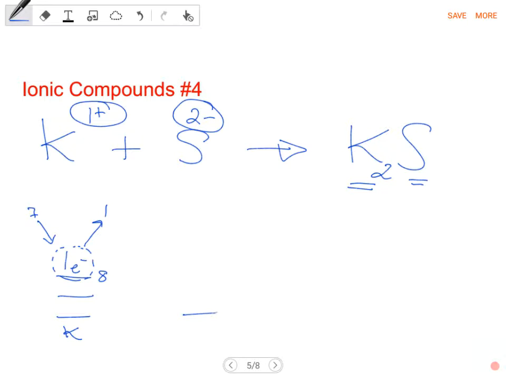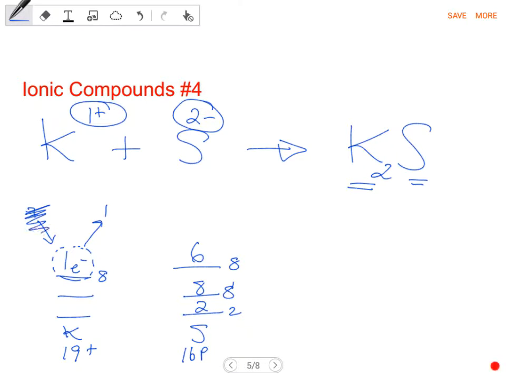Let's look at sulfur. Sulfur has 16 protons. So this would go 2, 8, 6. Well, nothing here is happy, guys. Now, this is a bit of a challenging question, but I think we know by now what's going to happen.